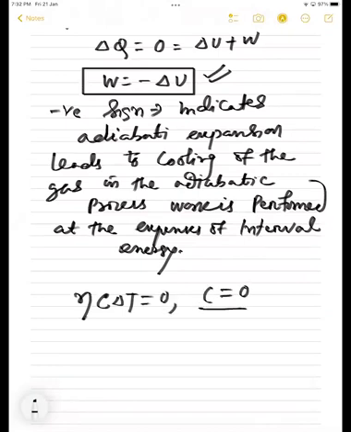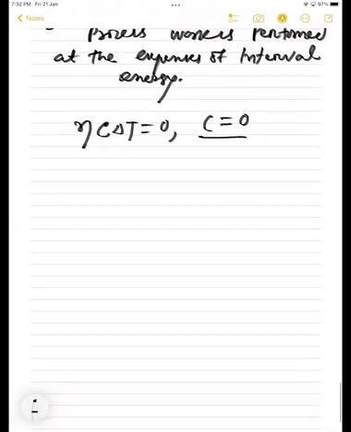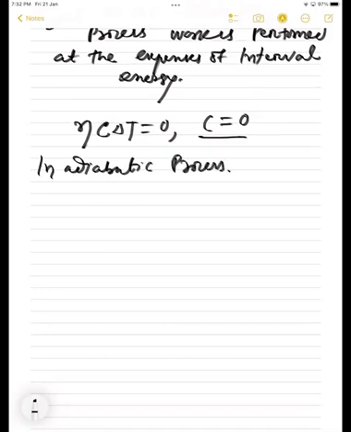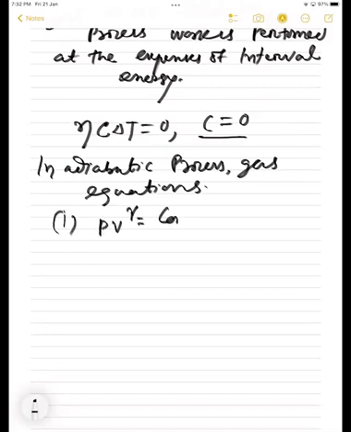And in adiabatic process, students, the equation for ideal gas, PV to the power gamma is equal to constant. What are the equations? Just write here. In adiabatic process, gas equations are: number 1, PV to the power gamma is equal to constant, right?